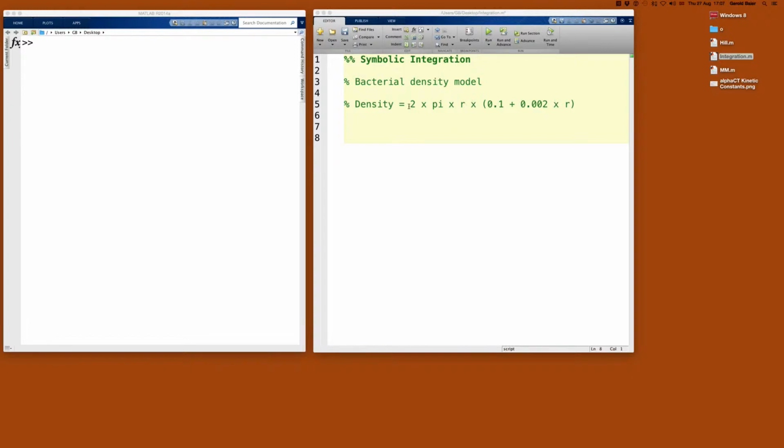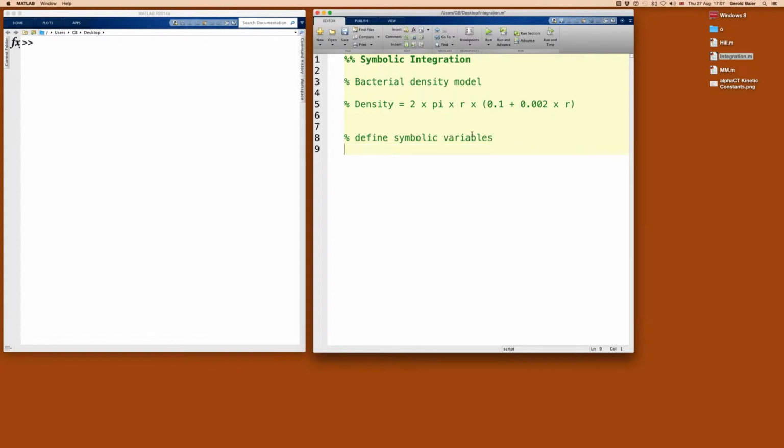This is the function we're interested in, the density function. And this is the component that describes the circumference of the circle, and this is the factor that modifies that. So we want to take the integral of this equation with respect to r. The first thing we need to do is define some symbolic variables.